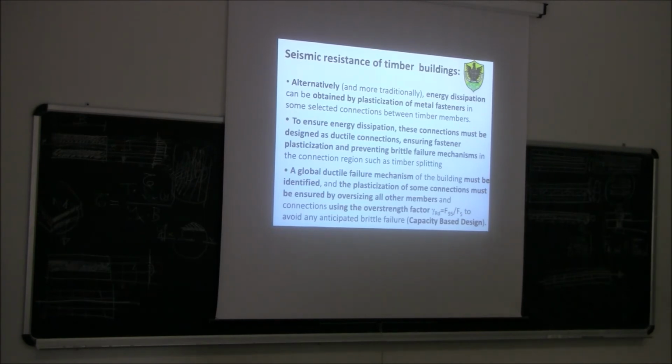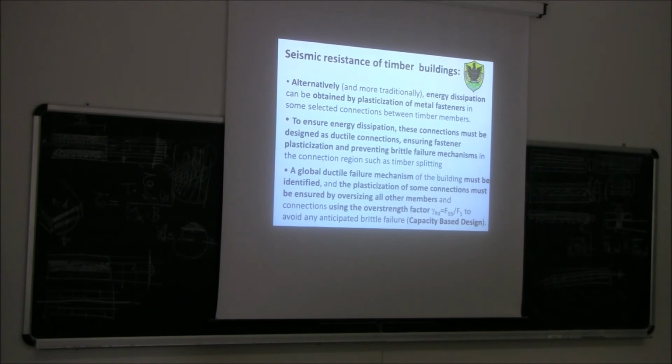Here we have to do the same. So here we have to identify a general ductile failure mechanism. Once we have found the ductile failure mechanism, we can design the ductile members. In our case here it will be the joints. So while for you the ductile region was on the beam, and then you had to oversize the column and the joint, in our case the ductile member will be the actual joint.